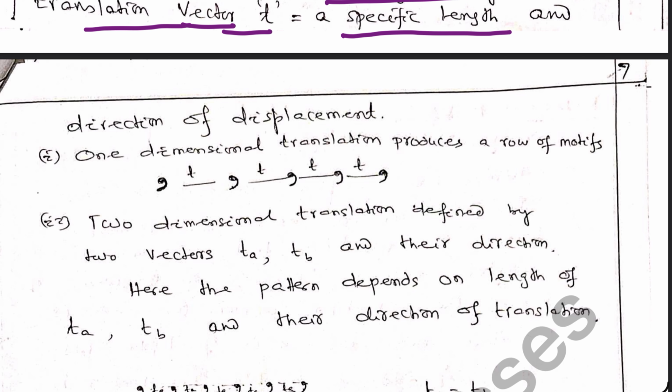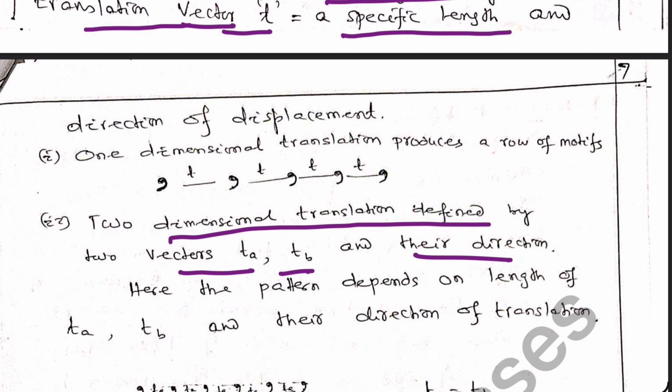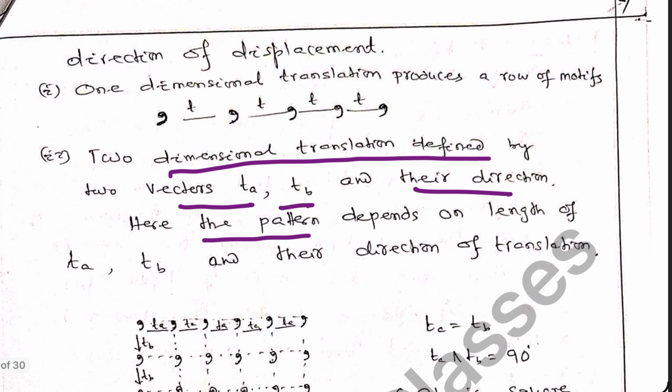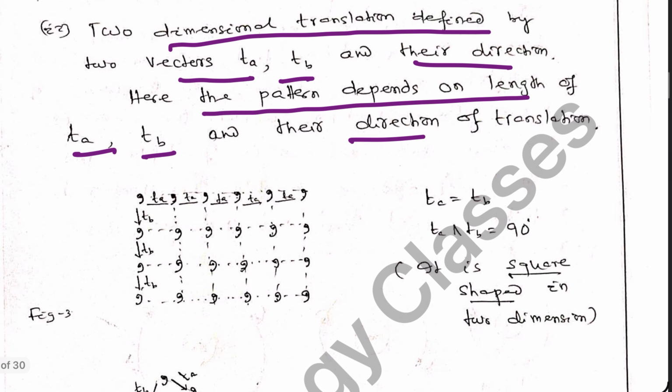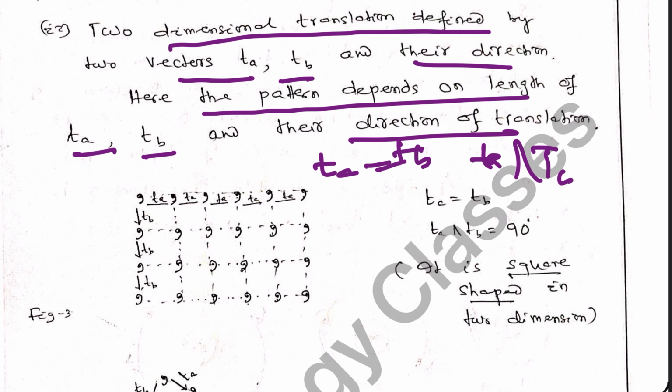If the motifs are translated in two dimensions, the two-dimensional translation is defined by two vectors Ta and Tb and by their direction. Here the pattern depends on the length of Ta and Tb and on their direction of translation. If Ta is equal to Tb and Ta is perpendicular to Tb, then what we will find?